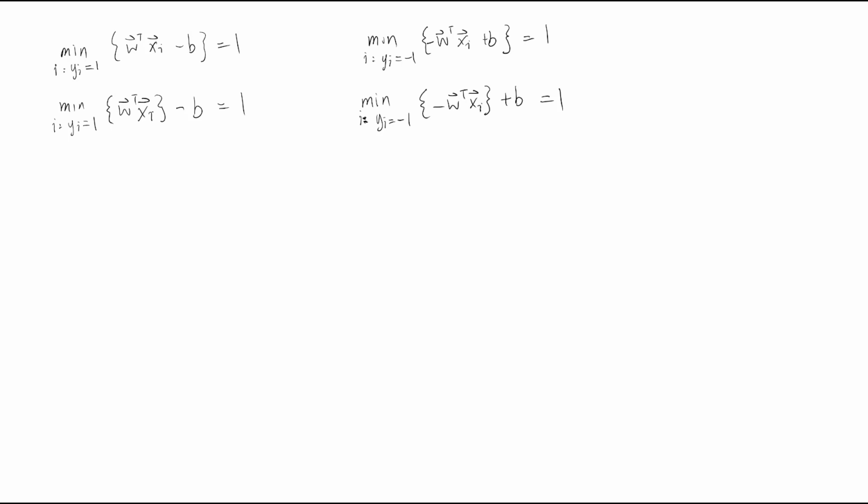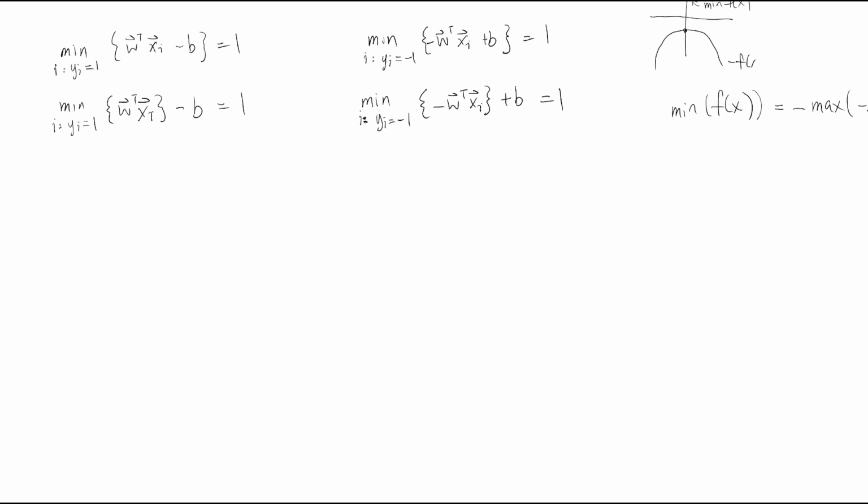And now we're going to use the property that the min of a function f of x is equal to the negative max of negative f of x. You can see that if we have some function f of x, the min of f of x is what we want.